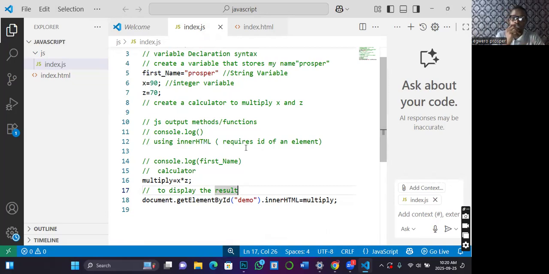And I also mentioned that every programming language has a place where it stores its functions. And that place is called what? What is that place called? Library, right?